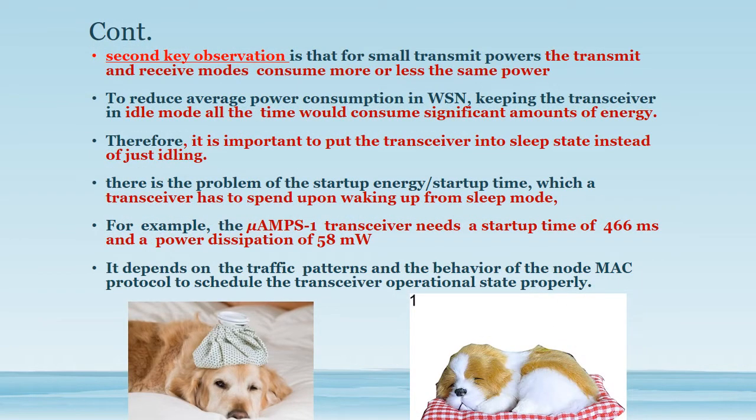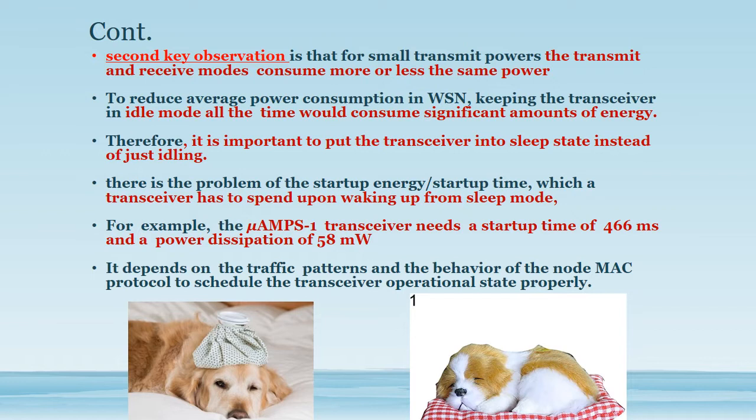The second key idea to save transceiver power is to keep the transceiver in sleep mode instead of idle mode, because idle mode consumes maximum power compared to sleep mode. But another problem arises: whenever the node goes to sleep mode, we have to wake up and activate the node to detect a particular event.